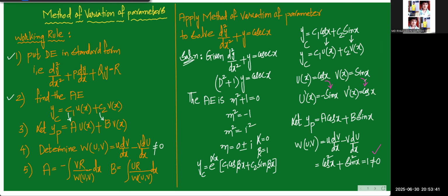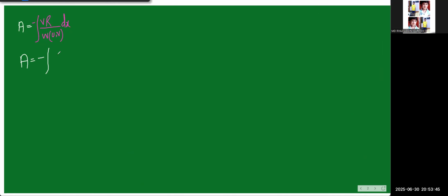So the next page will be for the value of a. The formula is minus integral of v r by the Wronskian of u comma v dx. So let us plug in the values. You will get your value of a equal to minus integral of the v value. v is nothing but v of x we are talking about, sin x, into the r value.